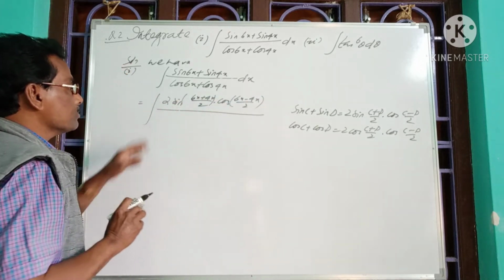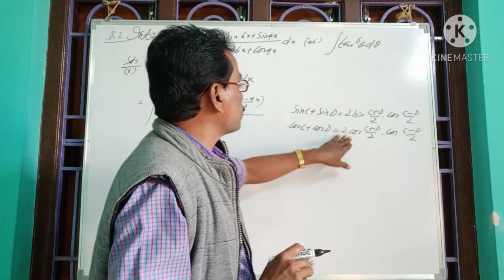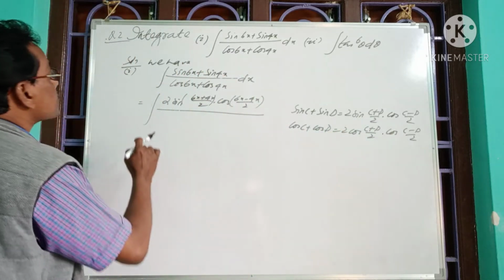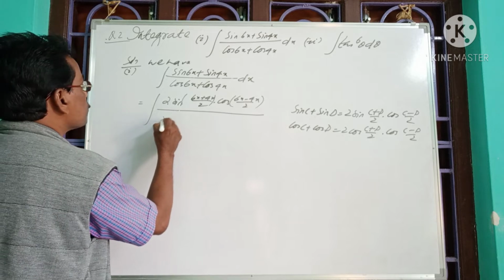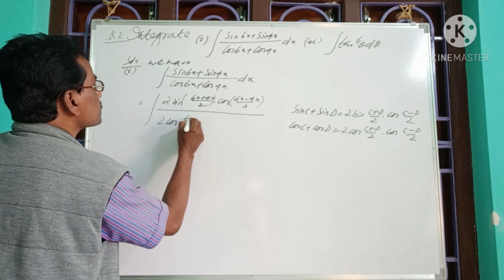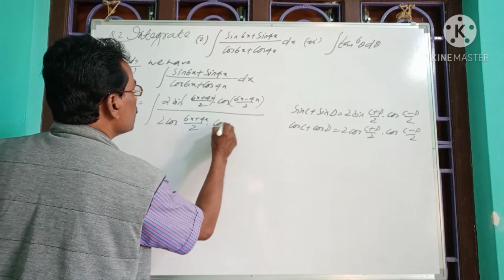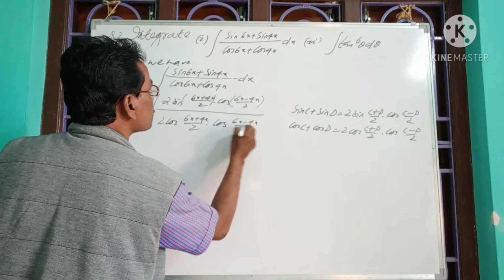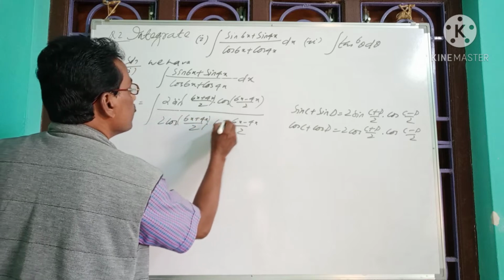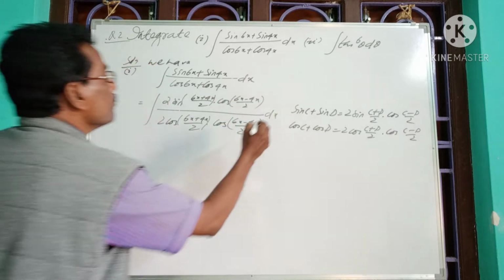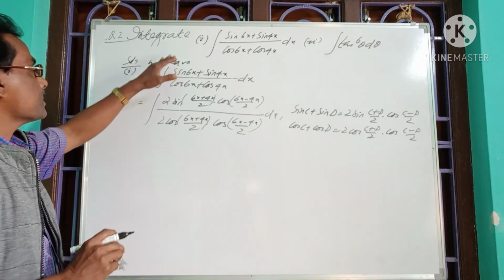In the denominator we have cos c plus cos d, which is 2 cos of (c plus d) by 2 into cos of (c minus d) by 2. So transforming, we have 2 cos of (6x plus 4x) by 2 into cos of (6x minus 4x) by 2, then the integration of the whole with respect to x. So we have transformed the original integrand into this form.